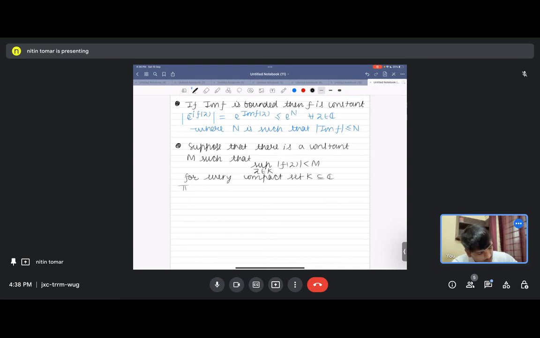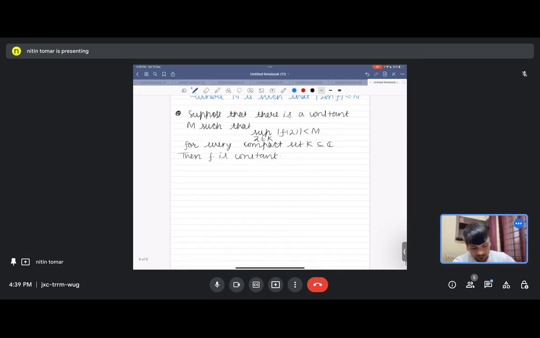So then f is constant. What do you think? What should be the answer? So for every compact set k, you have a constant. It might so happen that this constant will change with the compact set. Yes, sir. So what do we have to prove? That this f is constant.